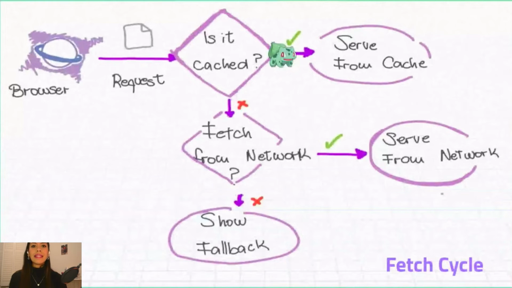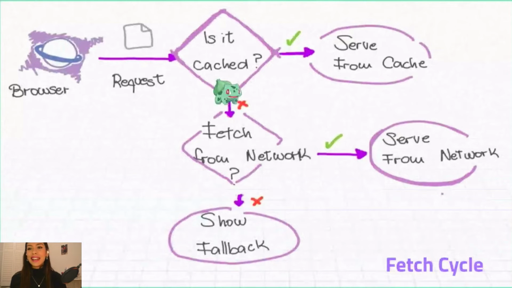And then what if not? What if it's not in the cache, where I already said, hey, save those images or files in the cache? Well, it's going to check in our network, right? So it's going to ask in our network if those files are available.